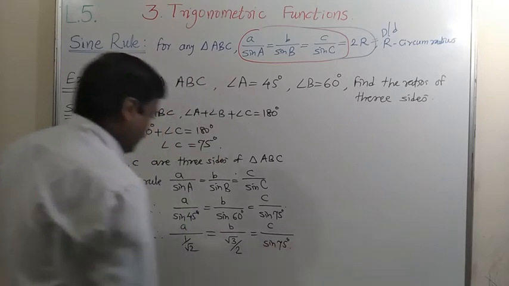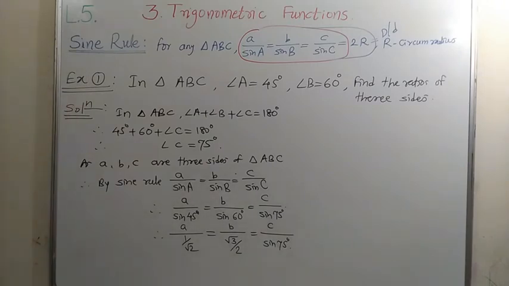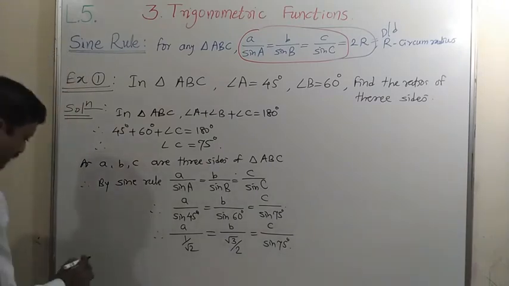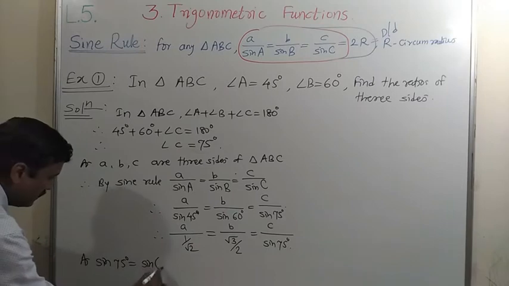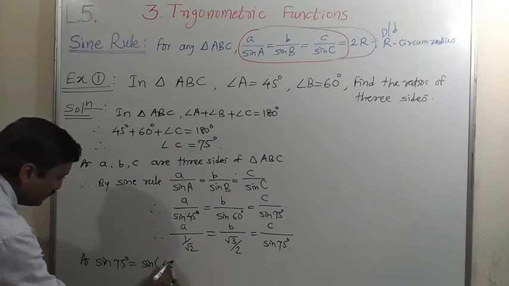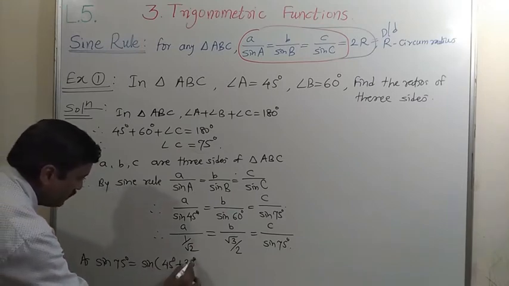Let us find that. So how to find sine 75? Sine 75 is nothing but sine of 45 plus 30 degrees.